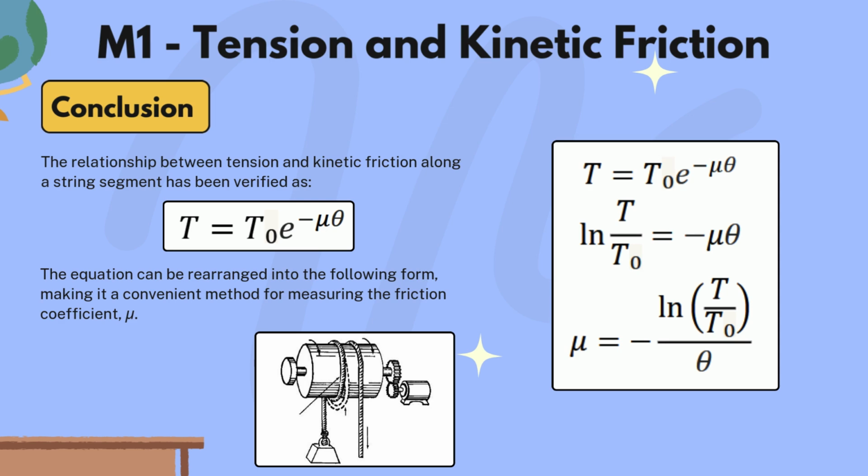Thus, the relationship between tension and kinetic friction along a string segment has been verified as the capstan equation, as shown below. This equation can actually be arranged into the following form shown on the right, making it a convenient method for measuring the friction coefficient.